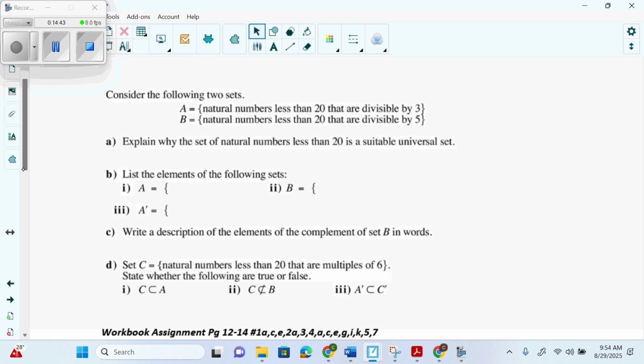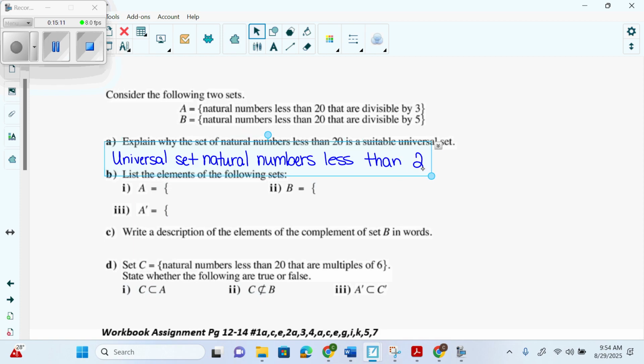So the universal set being the natural numbers less than 20 works because that's all I'm allowed to use for both of them. Since both sets are limited to that.